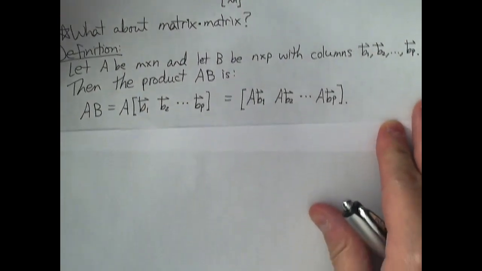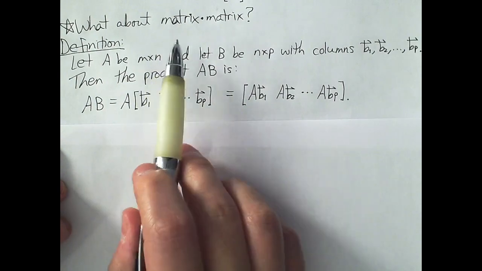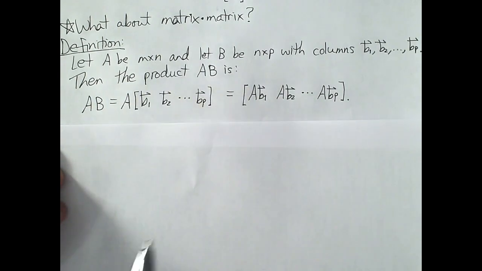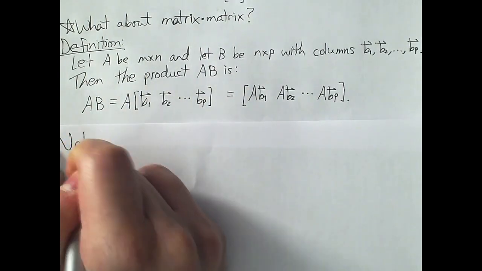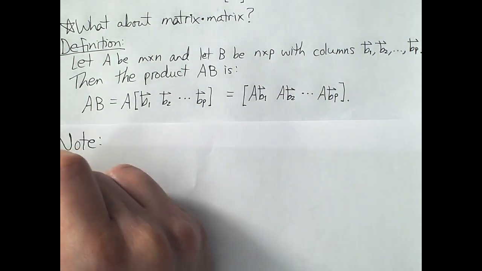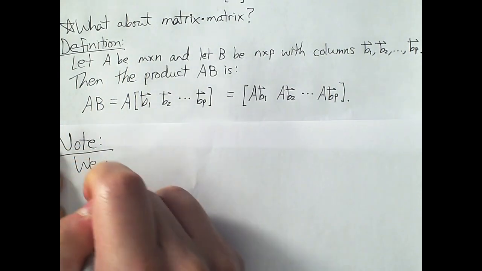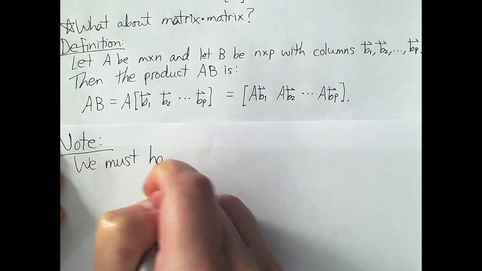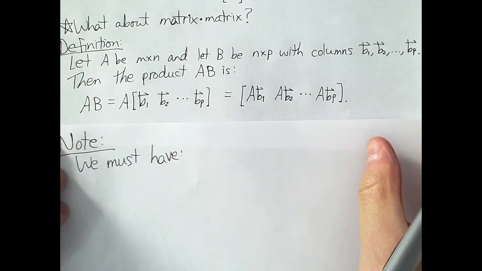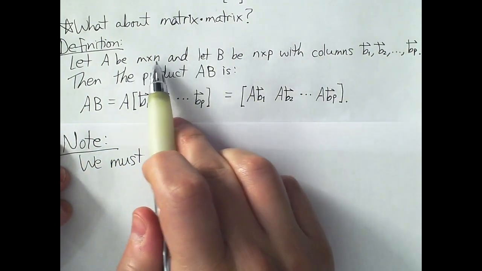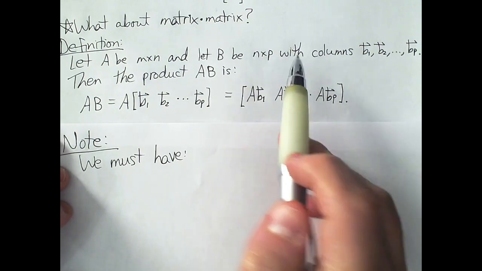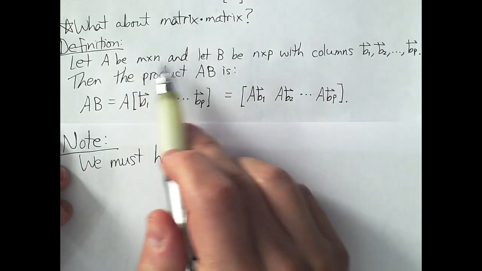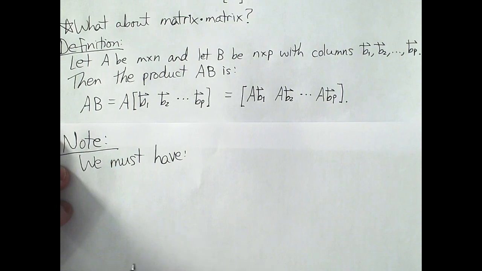You know the thing I was saying about how the n's are the same? Let's emphasize that. Note, we must have, because you might say, well, what if they're not equal? What if it's m by n and p by q or something like that? What if you had things that are not necessarily the same?